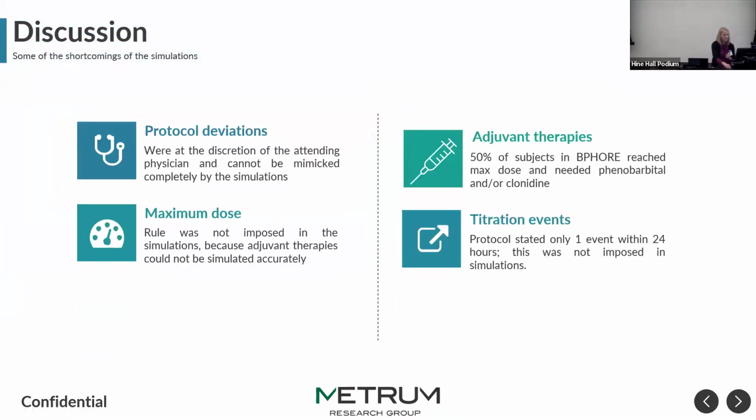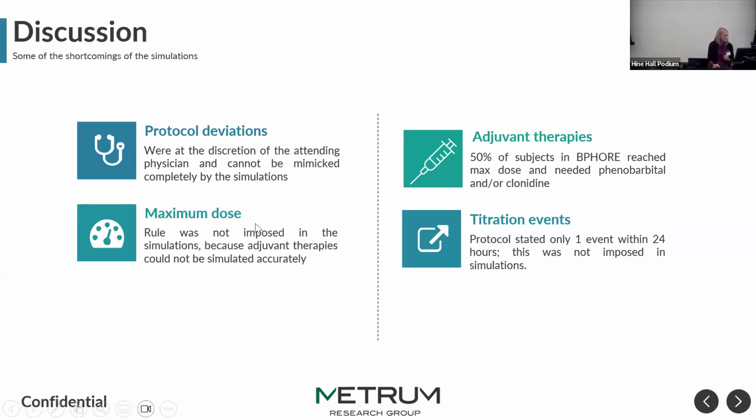So we want to talk about some reasons why our simulations might have been different than what we observed in these studies. One of them is just that simulation is not real life. There were protocol deviations that could have happened at the discretion of the attending clinician.